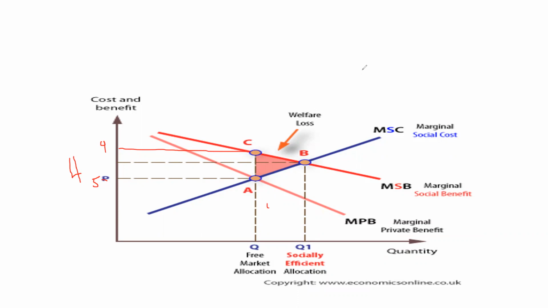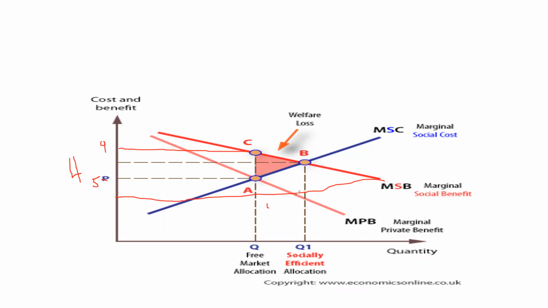Now here, if we put in a price ceiling, and by the way, again, no memorization on these. When they ask you about the impact of a price ceiling, you just gotta put it on a graph, even if it's a multiple choice. You just put it on a graph, and there it is. All right, so there is my price ceiling. It's binding. It is below the market price.